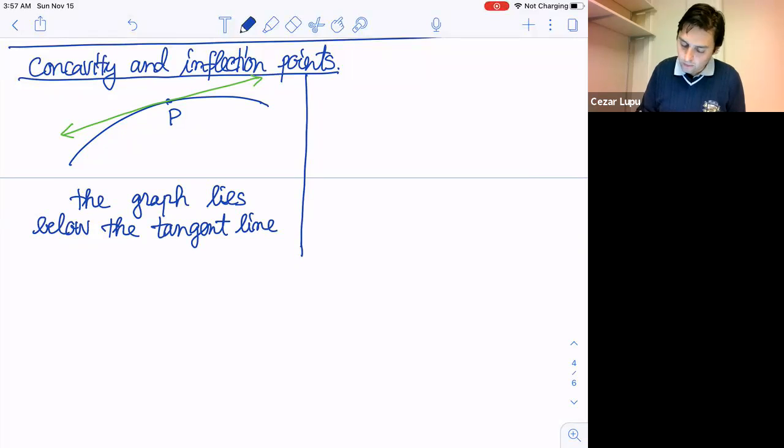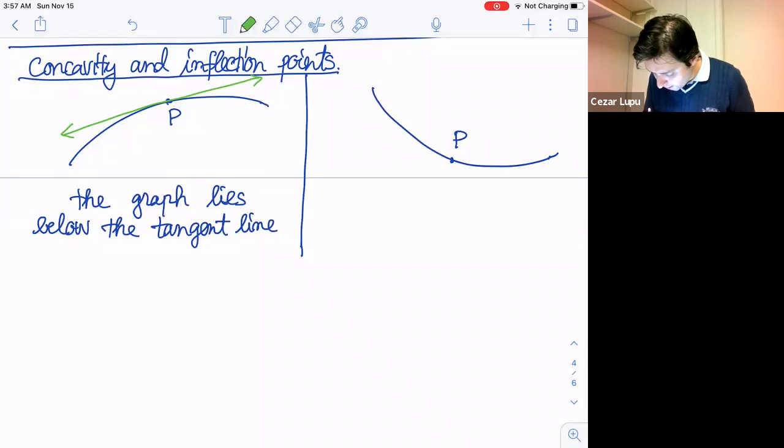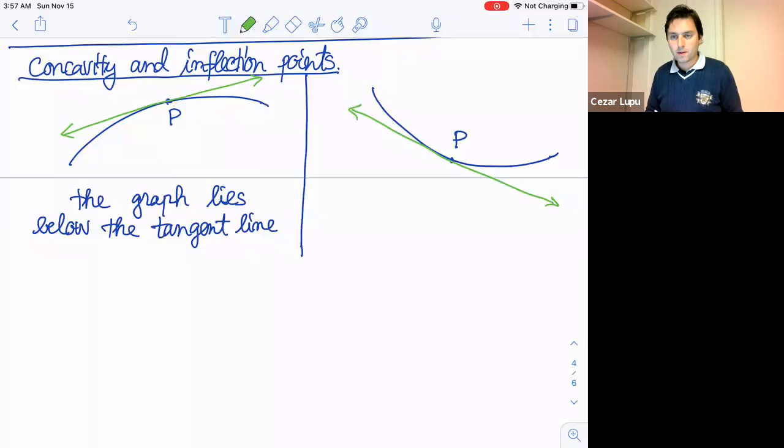And now, if I draw something like this, let me say I have here point P, and let me just draw the tangent line. Something like this, right?